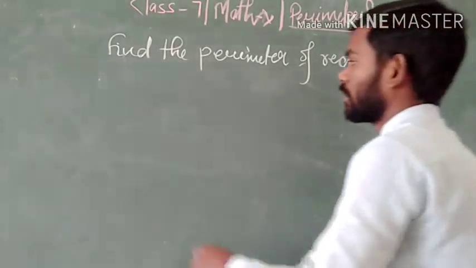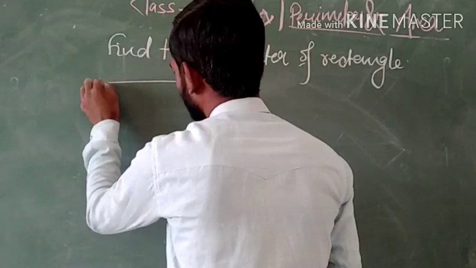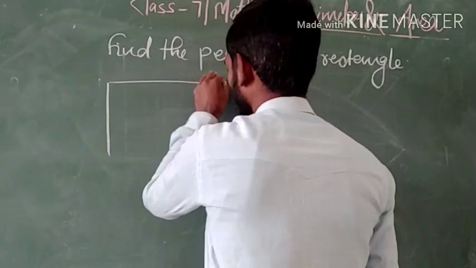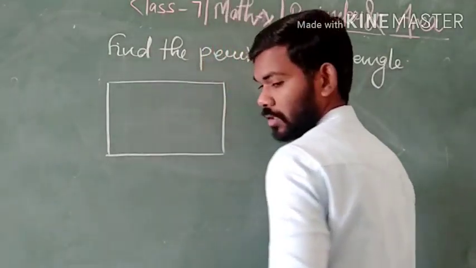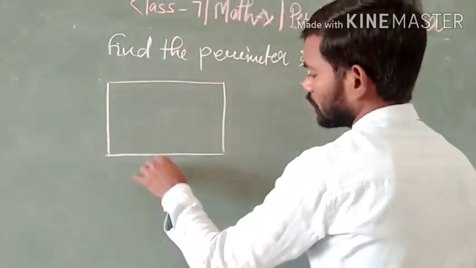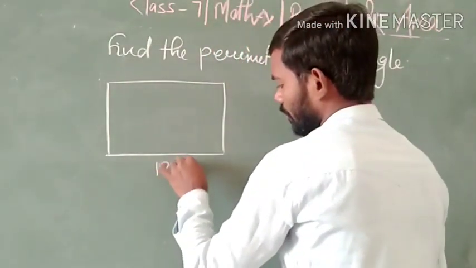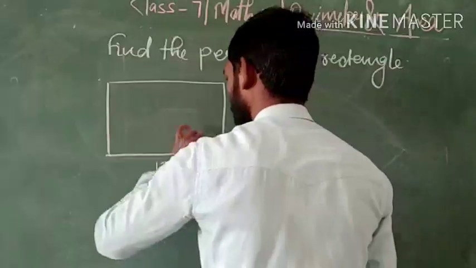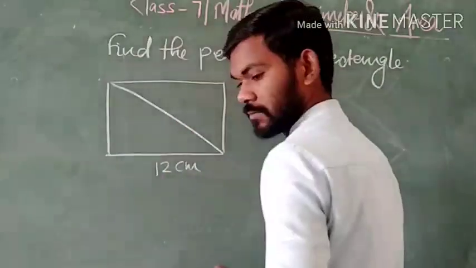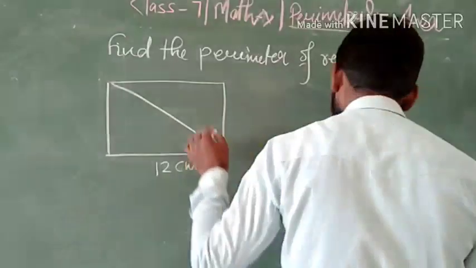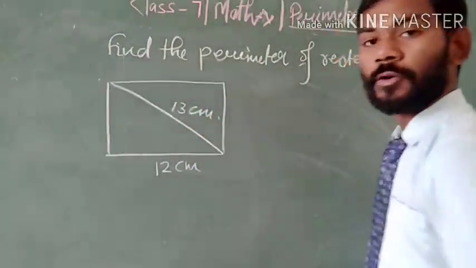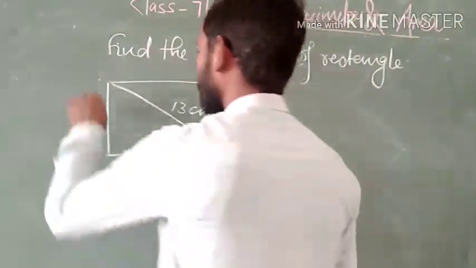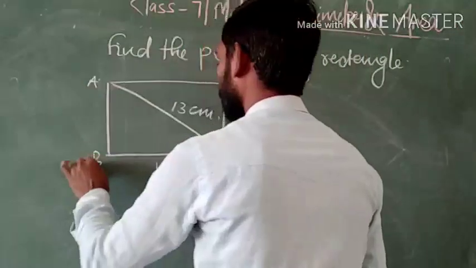The rectangle is drawn here. This is the given rectangle, and the length is 12 centimeter and its diagonal is 13 centimeter. Okay, we have to find the perimeter of this rectangle.